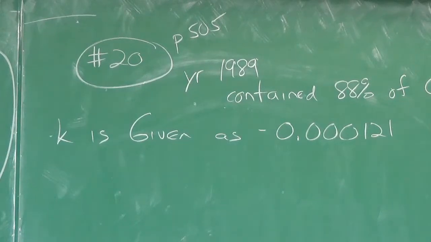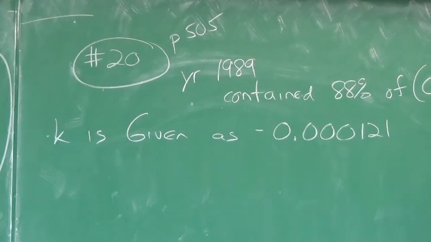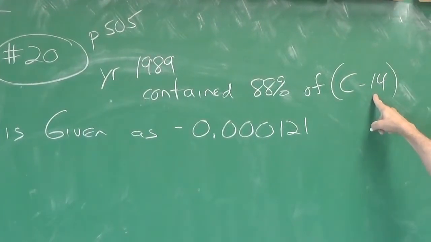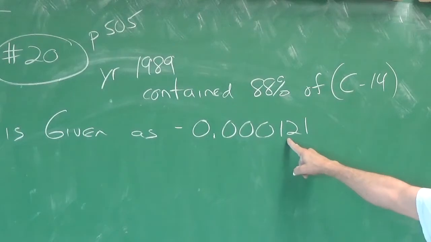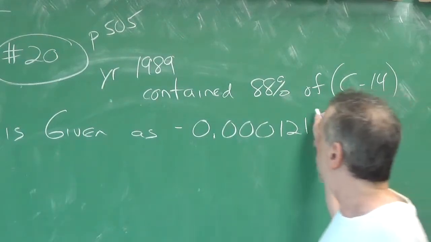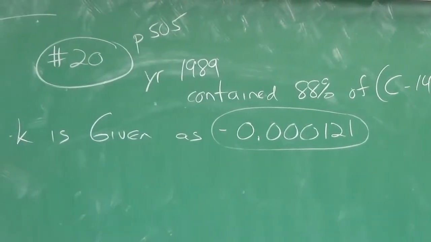That's the rate of decay for carbon-14, and that's going to always be the case. Whenever you're talking about carbon-14, this is going to be the K value. So if you want to memorize that, fantastic. Otherwise, you can always derive it given whatever question we're looking at.